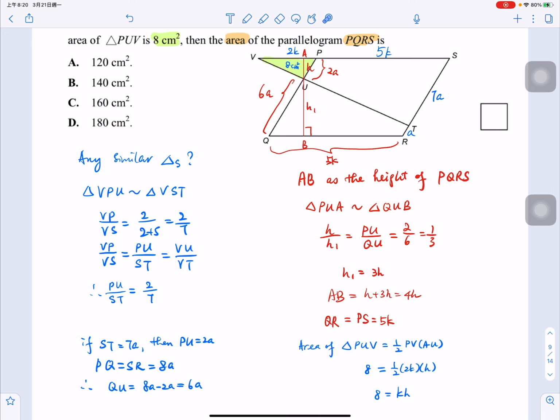See, the area of triangle PUV is 1/2 base PV times height AU. Using H and K, 1/2 times 2K times H, so HK equals 8. Now we can make use of this relation of H and K to find the area of the parallelogram, because we know the height is 4H and the base is 5K.